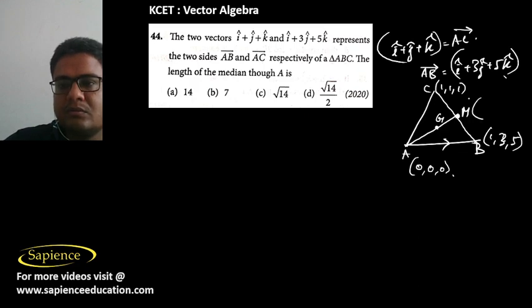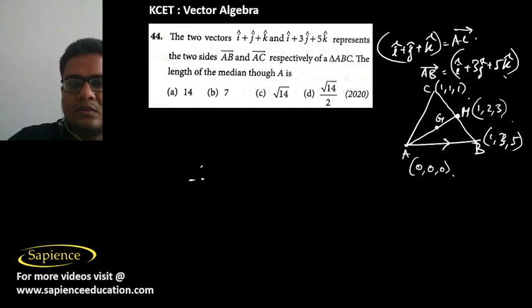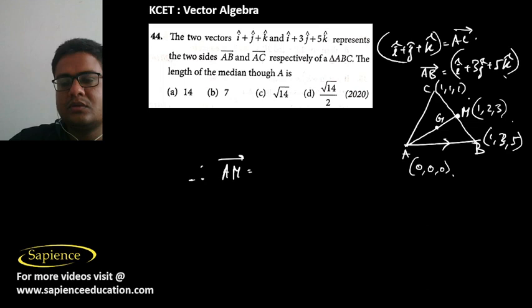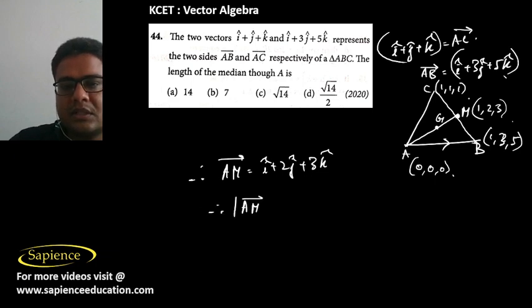That is 1 plus 1 by 2, that is 1. 1 plus 3, 4 by 2, that is 2. 1 plus 5, 6 by 2, that is 3. So the vector AM, the median through the point A, will be i cap plus 2j cap plus 3k cap.